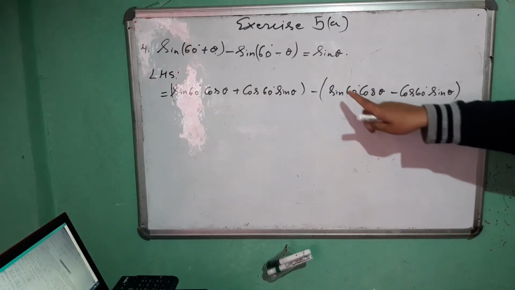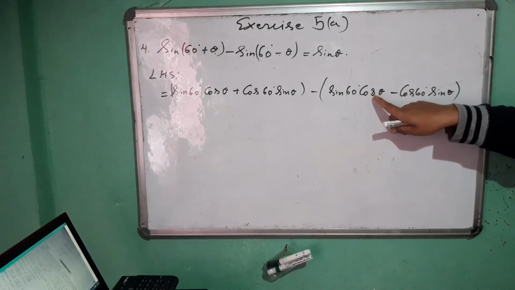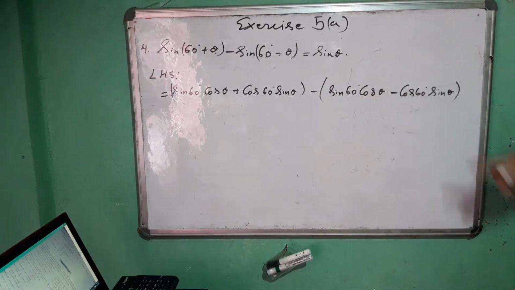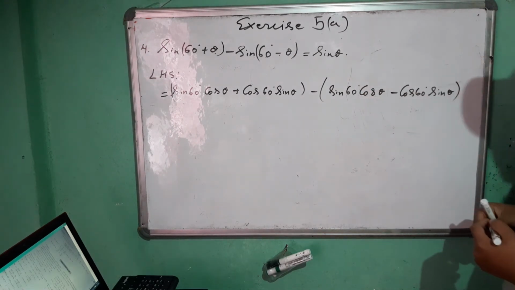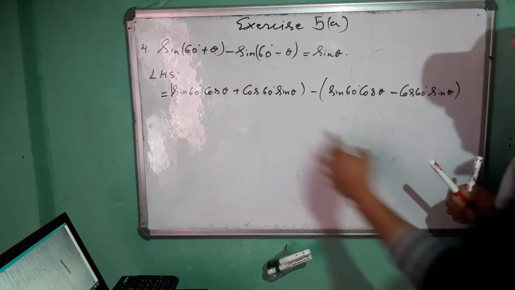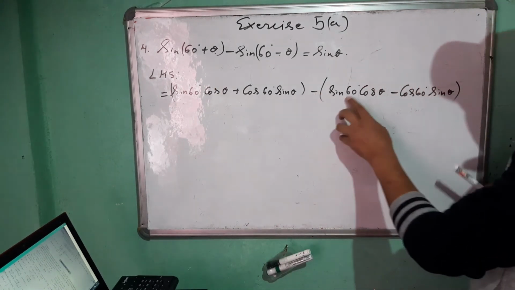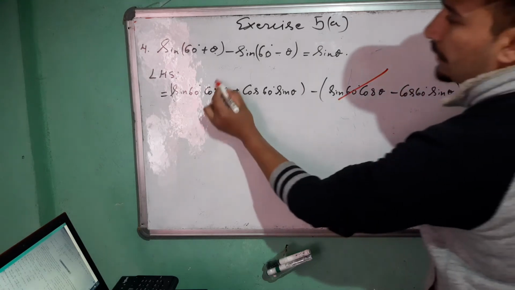Okay, so the formula for sin(A minus B) is sin A cos B minus cos A sin B. So this I can cancel, sin 60 degree cos theta minus sin 60 degree cos theta. This part I can cancel.